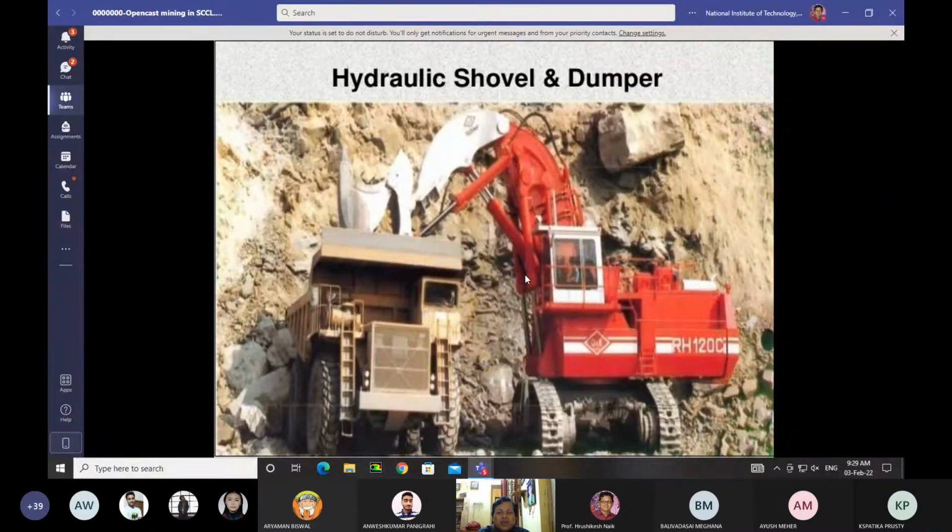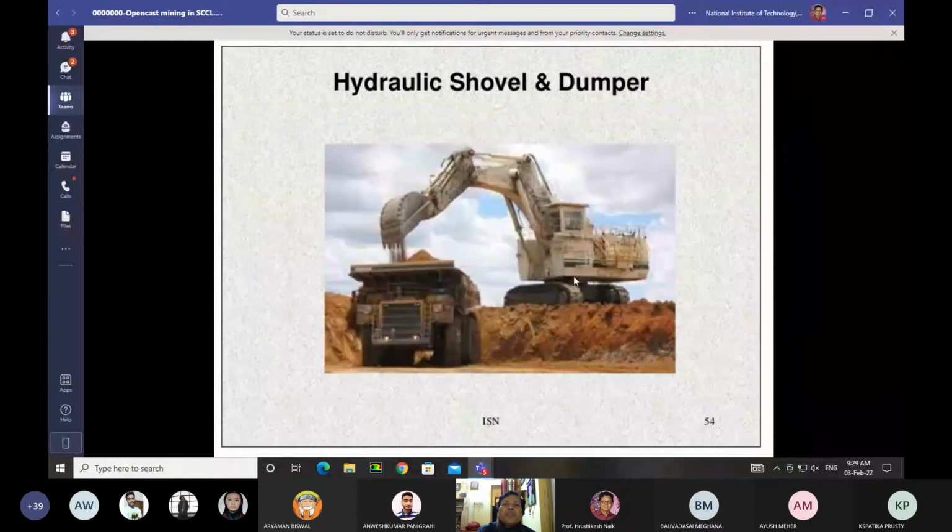This red color machine is called a hydraulic shovel, and the operator is sitting here and operating the machine. This is also a clear view of the hydraulic shovel and dumper.